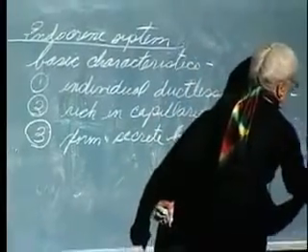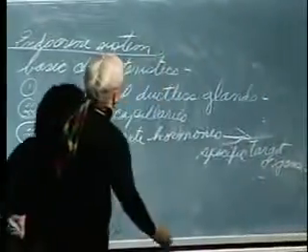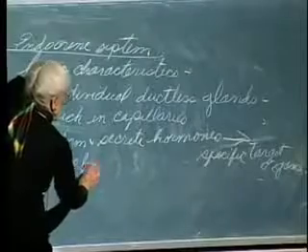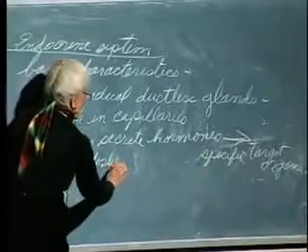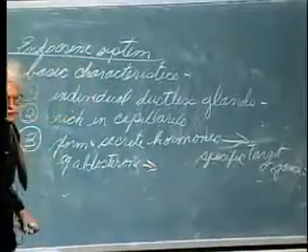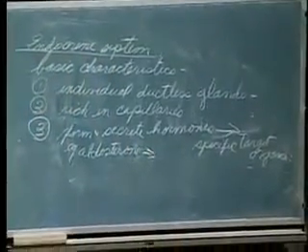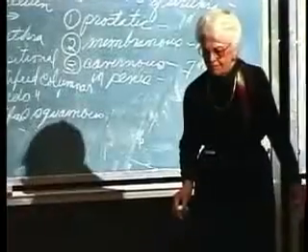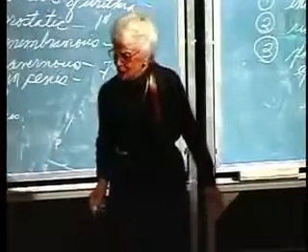What do we mean by that? We just had an example. We had aldosterone, just to review. And what was the target organ for aldosterone? Distal convoluted tubule, right.